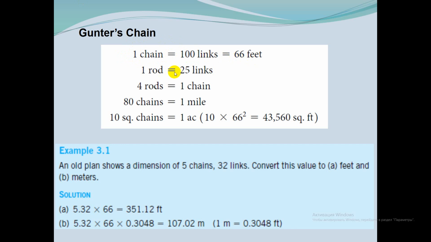One rod is 25 links. 4 rods are one chain. 80 chains equals 1 mile. 10 square chains equals 1 acre, or 10 multiplied by 66 squared, and this multiplication equals 43,560 square feet.